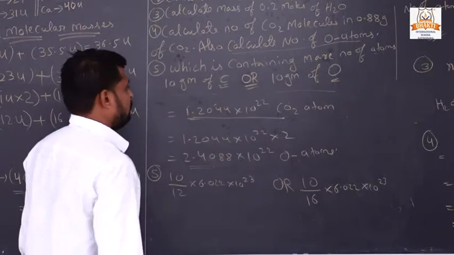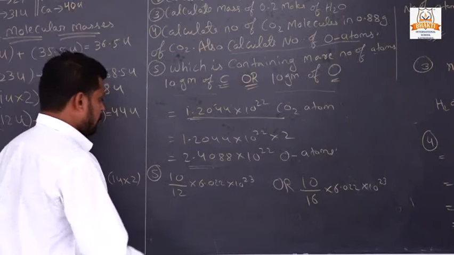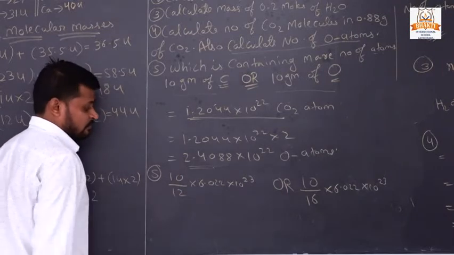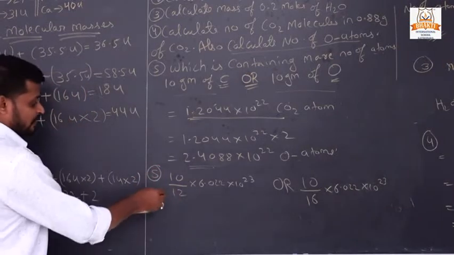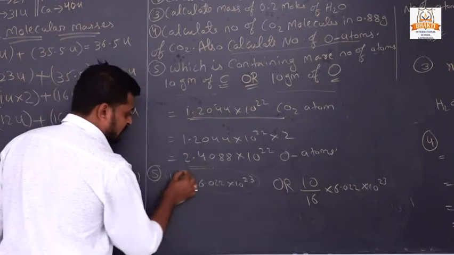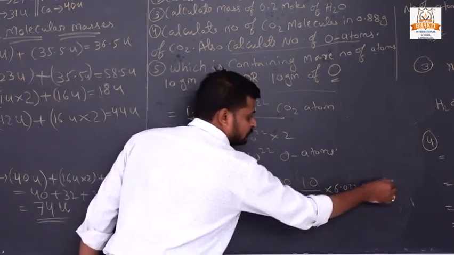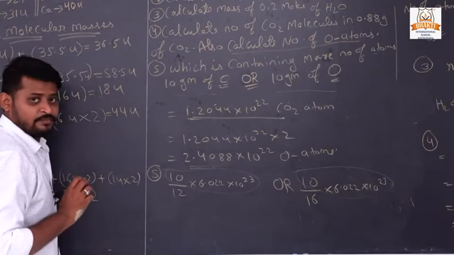In this question we only have to find which has more atoms. So here you will see that we don't need to calculate, because clearly these values are the same in both.